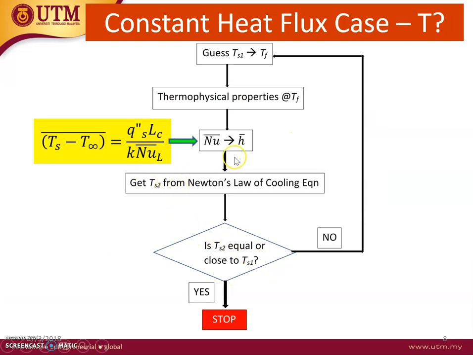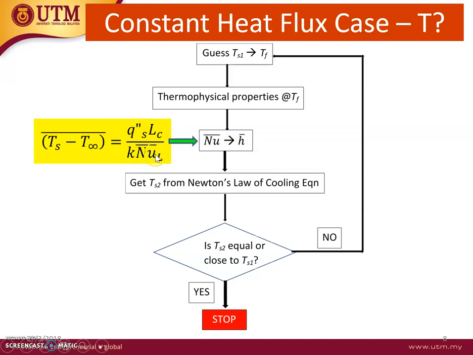Well, you have here a loop. This can be done with a simple MATLAB code. You have to first make an initial guess of the average surface temperature, and then calculate the film temperature. Proceed to get the thermophysical properties at the film temperature, and then you determine the average Nusselt number, and consequently the average heat transfer coefficient if you need that.